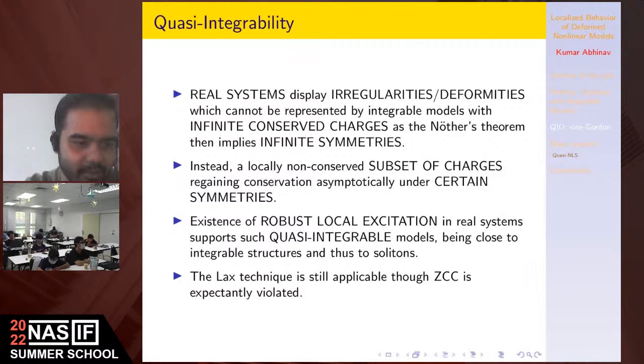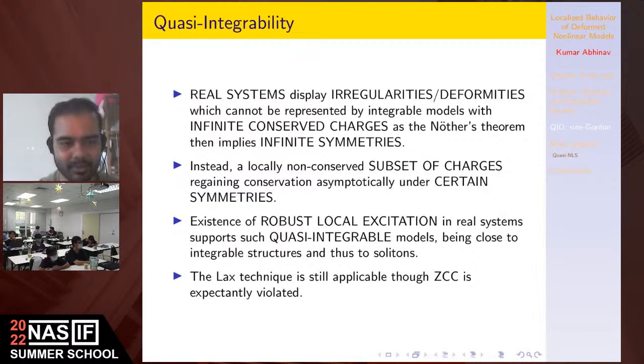We always assume that systems are isotropic or homogeneous, but actually they are not. If you prepare a sample of any physical material, it will have some defect, maybe some crystal defect. Or if you look in different directions inside the material, there will be some irregularities. They will not look the same. So there are deformities in the system.